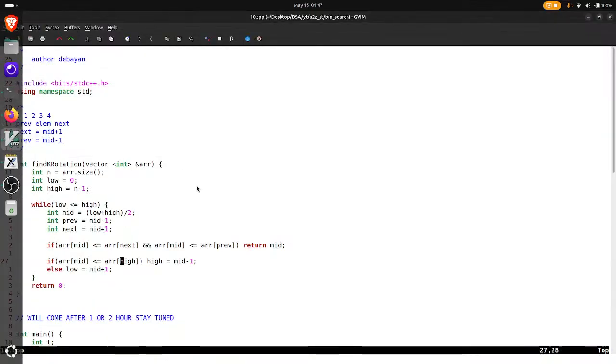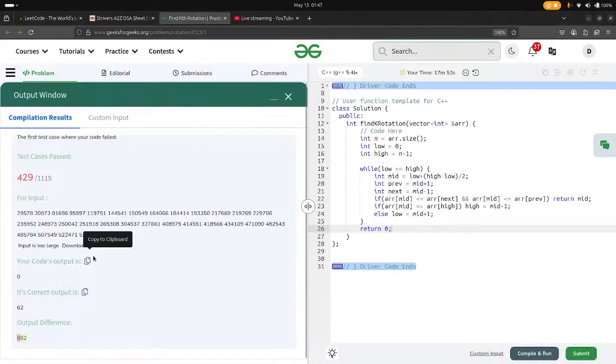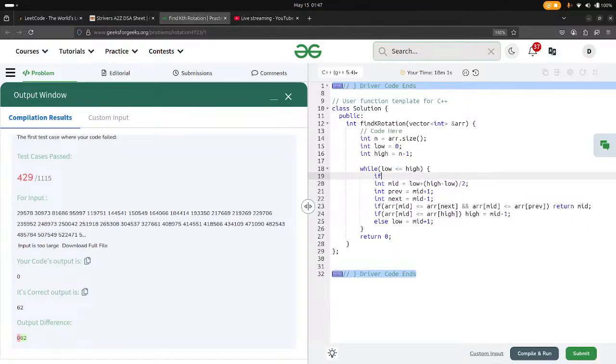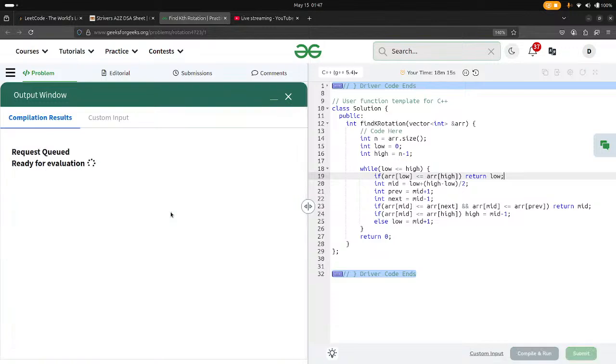So let me write that test case here: if array of low is less than or equal to array of high, then I just return low.